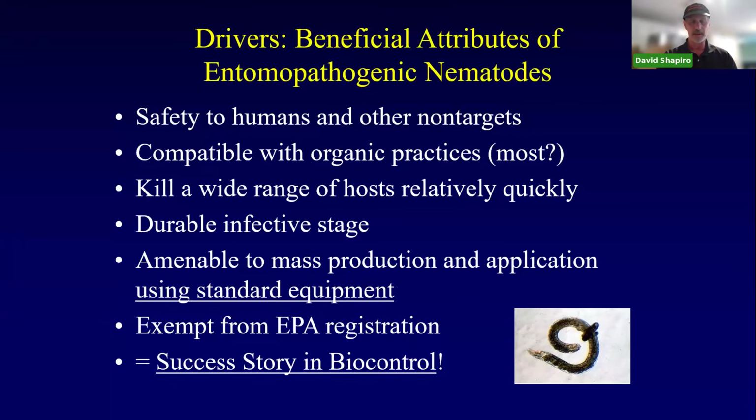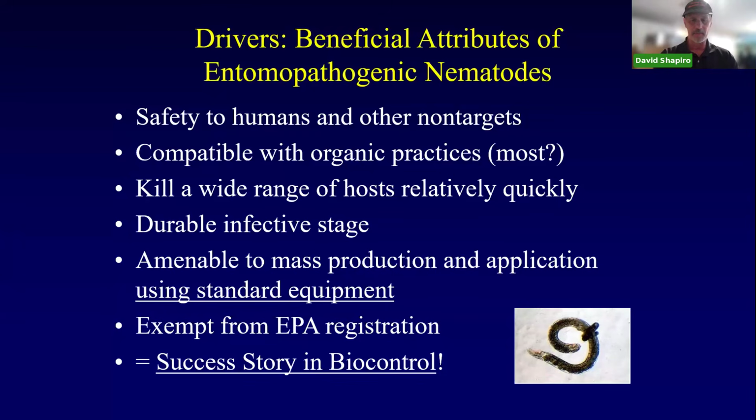This durable infective stage, the infective juvenile (IJ), really makes them amenable to mass production and application using standard equipment. So the farmers can apply the nematodes generally the same way they apply other tactics such as chemical insecticides, most agricultural spray equipment, and most irrigation systems.